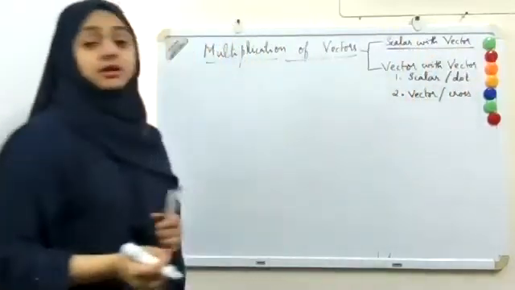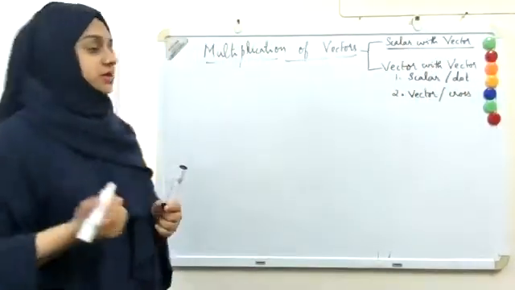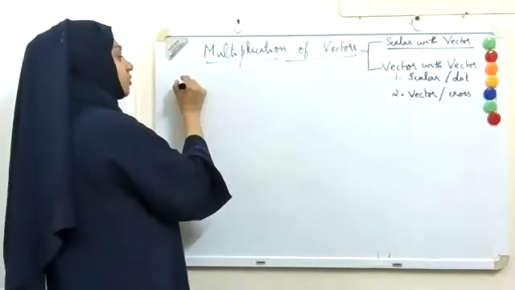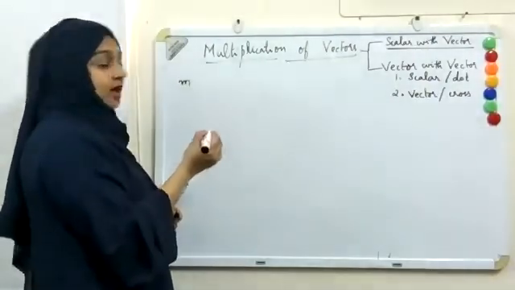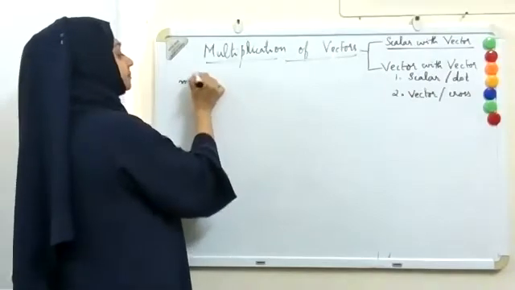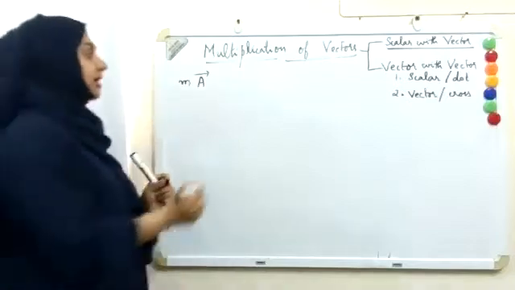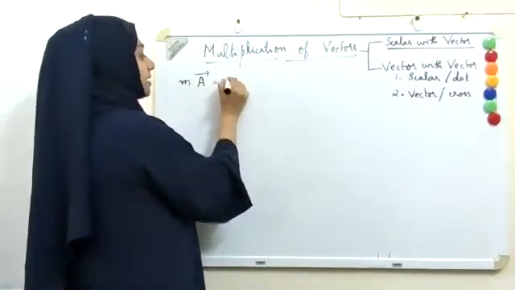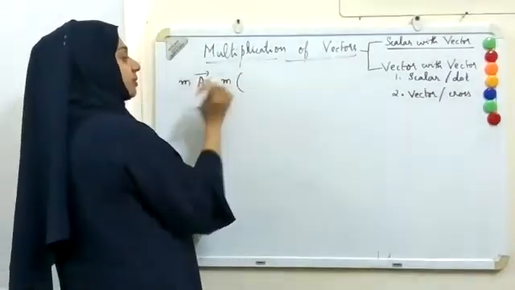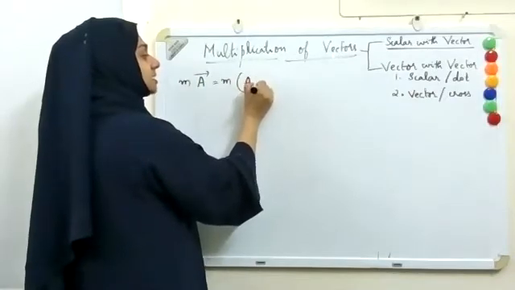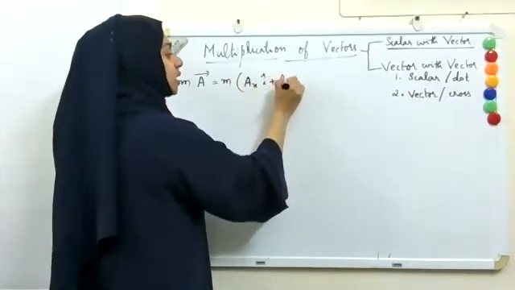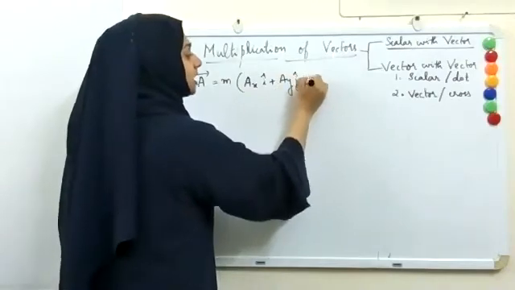So first, let us see how we can multiply a scalar quantity with a vector. Suppose I have a scalar quantity m and a vector a. So m into vector a, I will write it as m into, in the component form, I can write vector a as axi plus ayj plus azk.